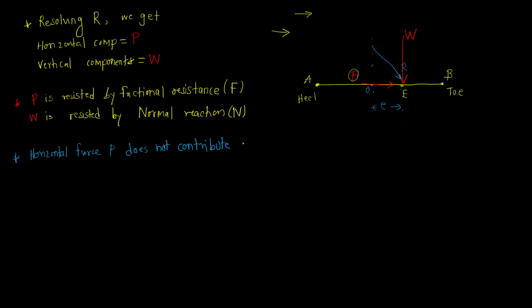It does not contribute in the generation of stress at the base. That means in the calculation of sigma max and sigma min, this horizontal component of R, that is the P force, is of no use. So we don't have to take this into our account.